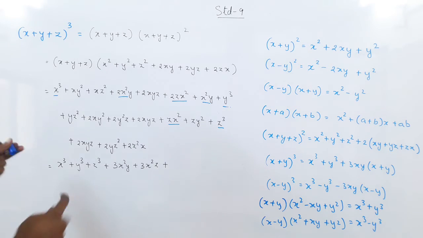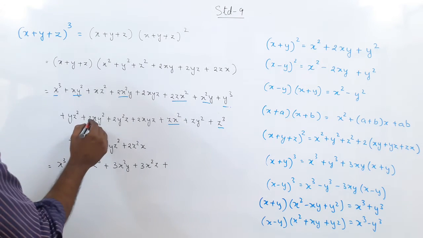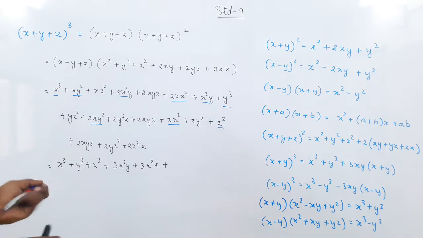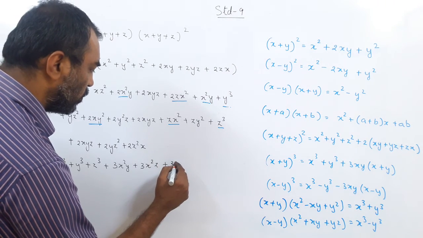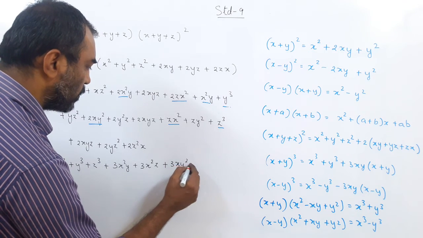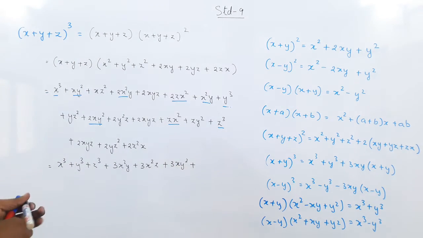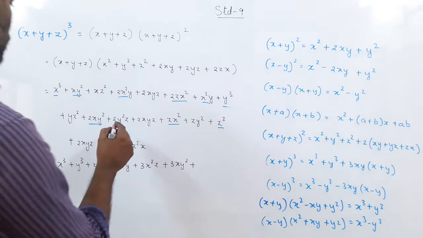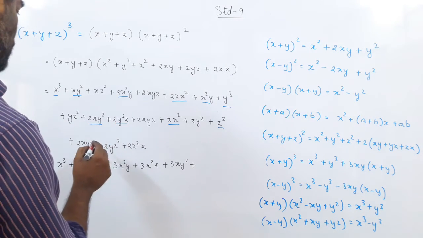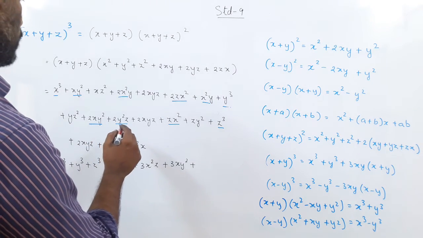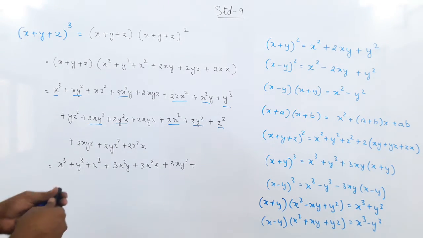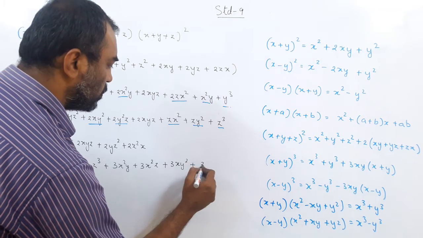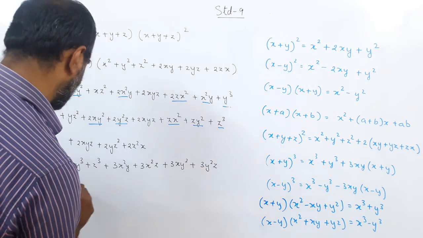Now we go for the y². What is the y²? We got an xy² and a 2xy². So I will write it 3xy². And the y²z: we have got the y²z and the y²z, so we have got 3y²z.